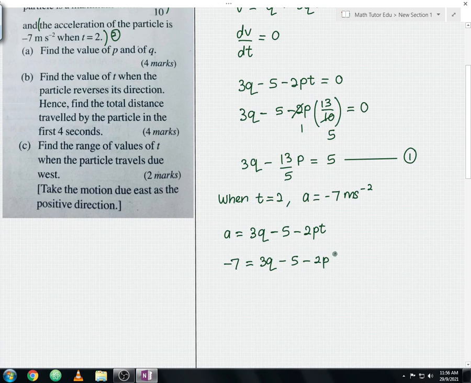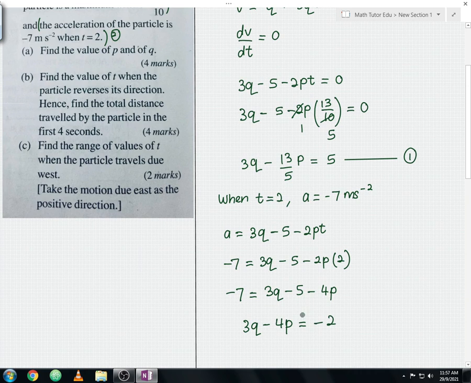And from here you times with 2, so negative 7 will be equals to 3q minus 5 minus 4p. You move this negative 5 to the left hand side. So from here you should get 3q minus 4p is equals to negative 2.